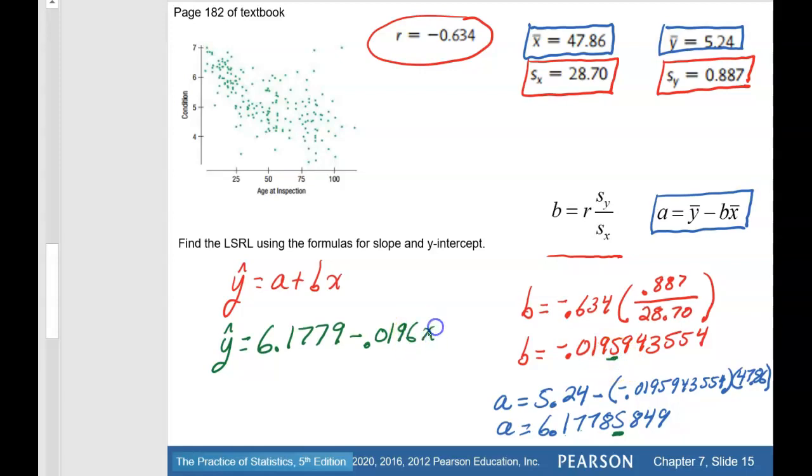So when you do your homework, I want 4 decimal places. This should help you with the first two problems in the homework and how to find the least squares regression line using the formulas on the screen.